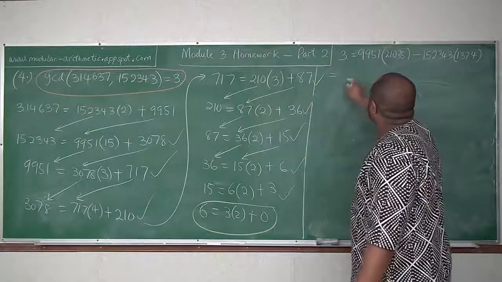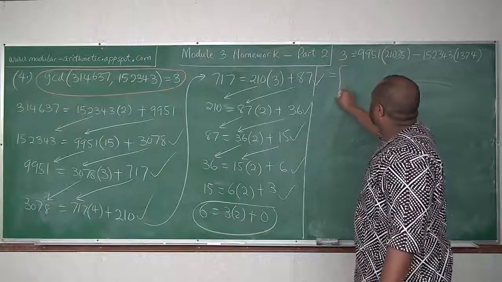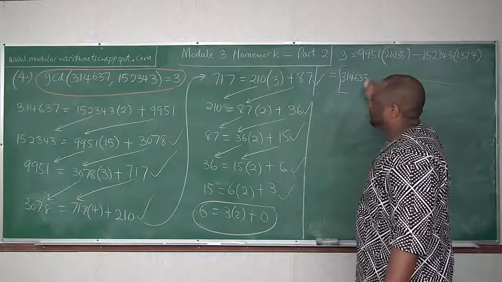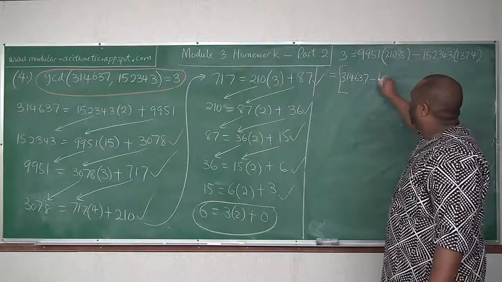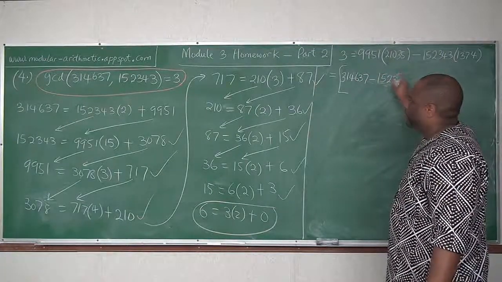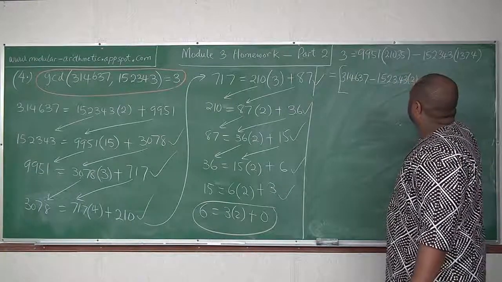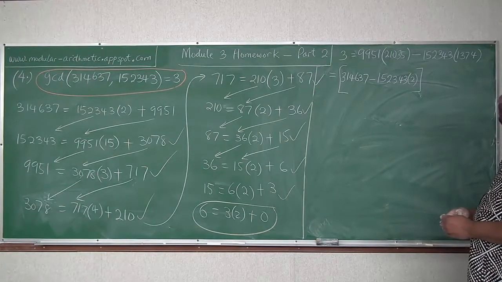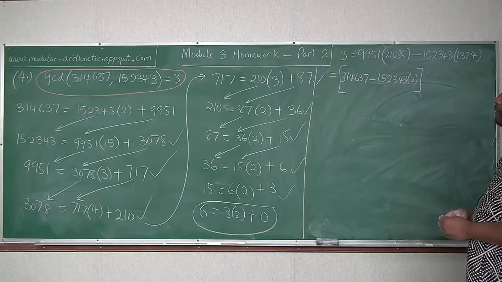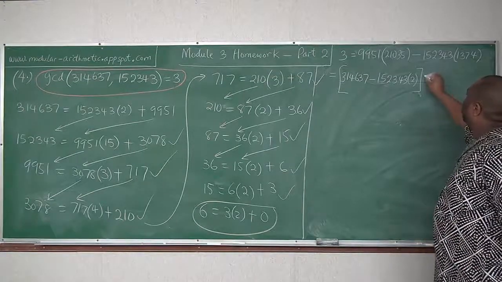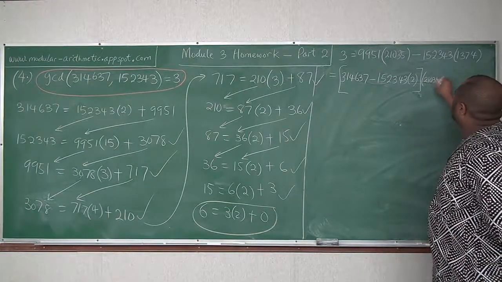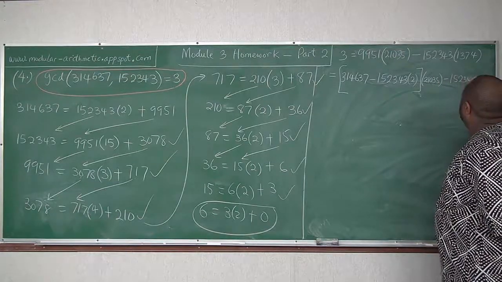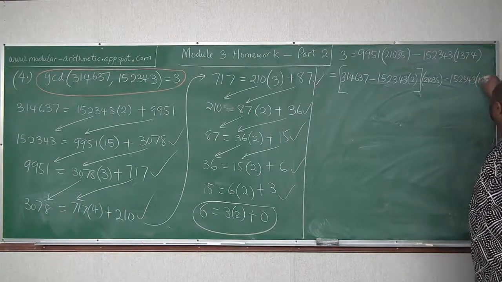So this will give us, we put bracket 314637 minus 152343 times 2. Okay, we close this. Then times 21035. Then minus 152343 times 1374.